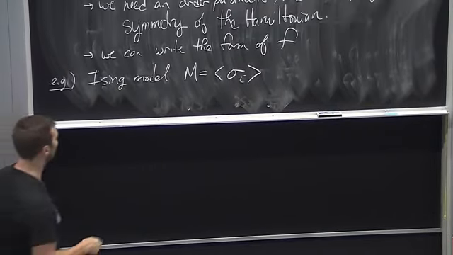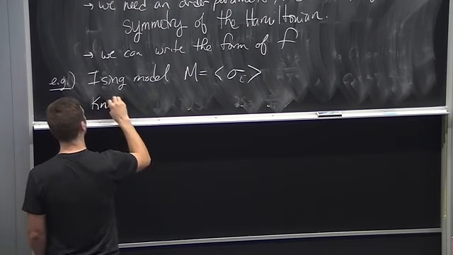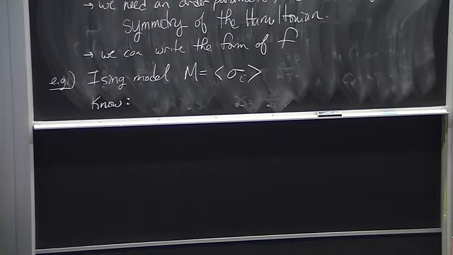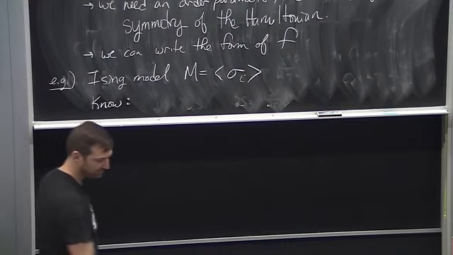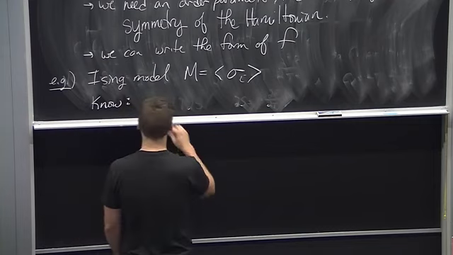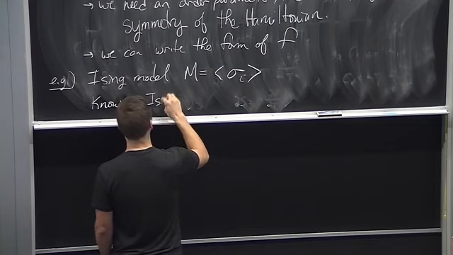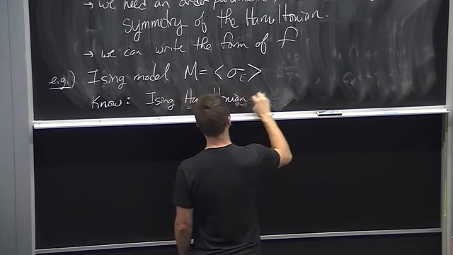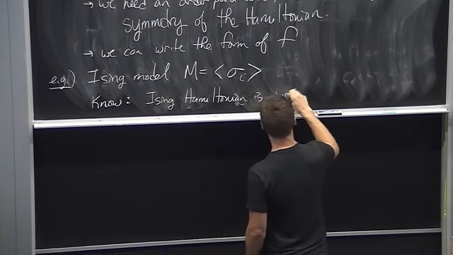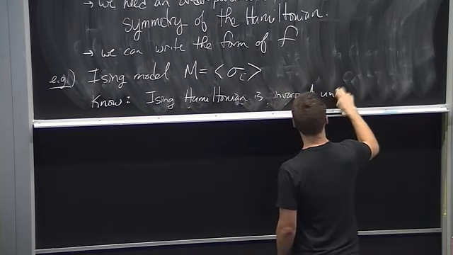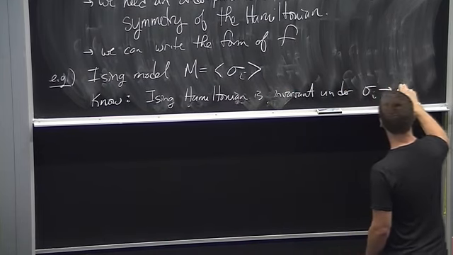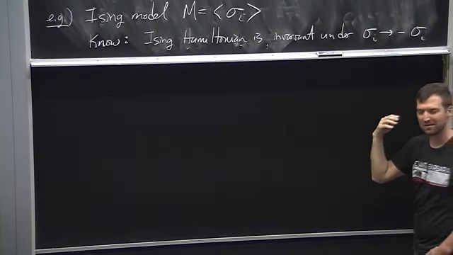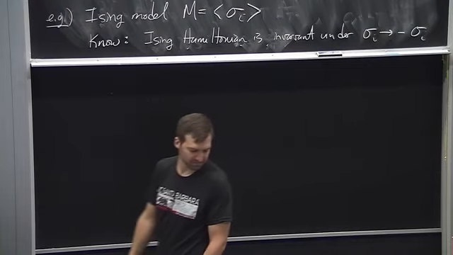And if we know that the Hamiltonian is invariant under Z2, or time reversal, or spin flip symmetry, then that's enough to write down the free energy.